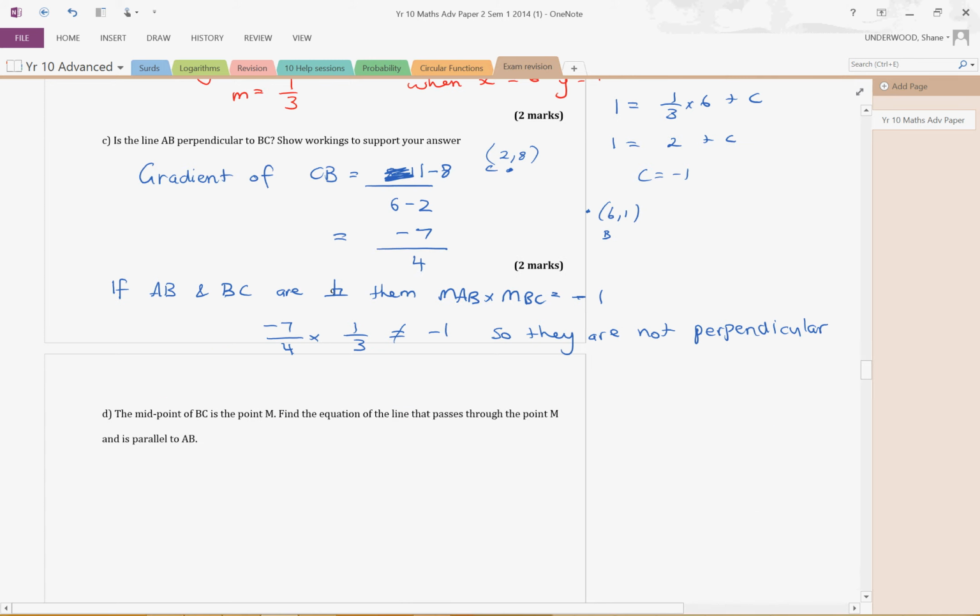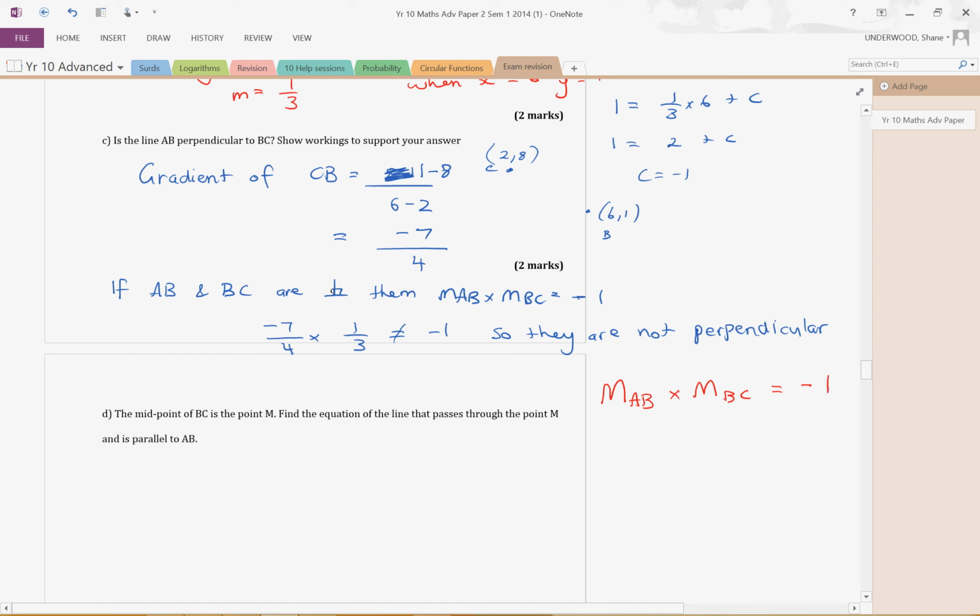All right, so you need to recall, I know that it was a long time ago, that if two lines are perpendicular, in this case, if the lines were AB and BC, then their gradients multiplied would be equal to -1.